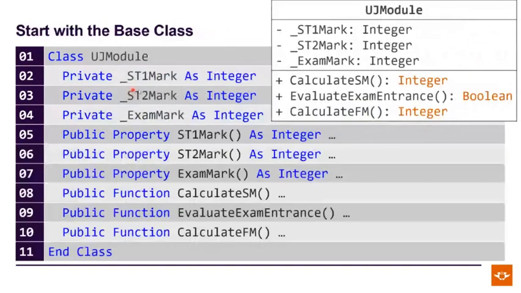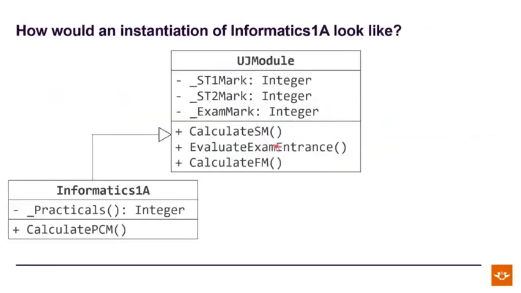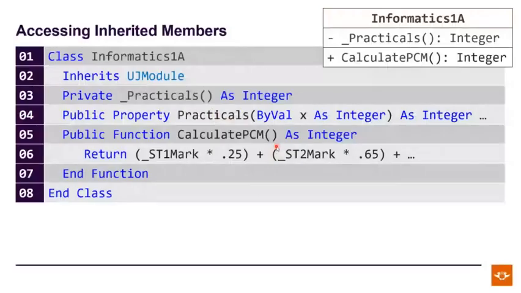So we don't need to go and declare all of this again. It's already there when it inherits. All we do is declare the new functionality and new attributes. So we have practicals and we have the calculate PCM. Calculating PCM is done like that, and we can work out our practical component mark.